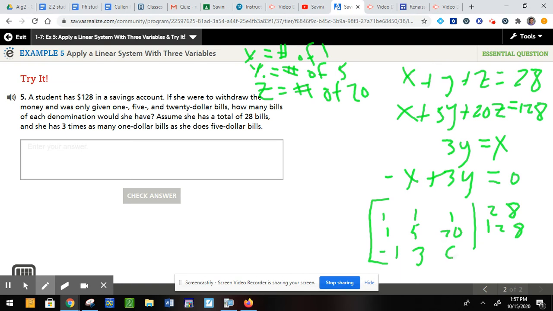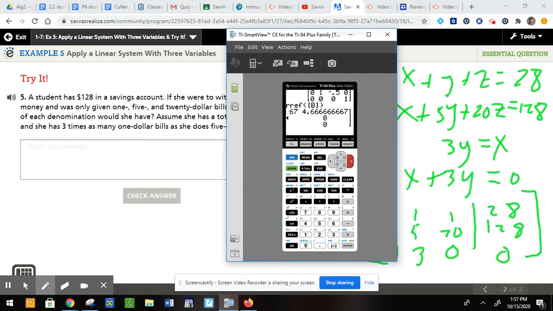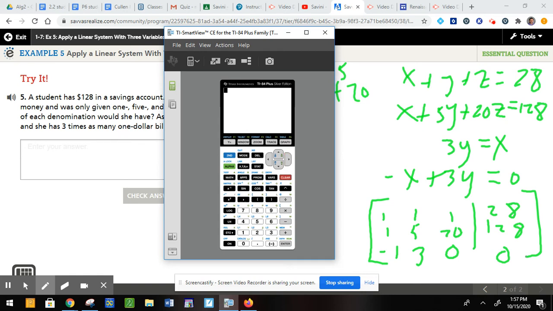There is no z, and then there is no constant. Now we're going to type that into the calculator, and then just have the calculator evaluate that function, and then we're good. It'll give us the answer, right?